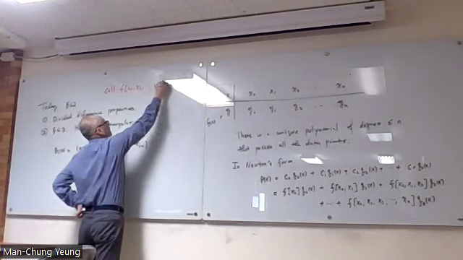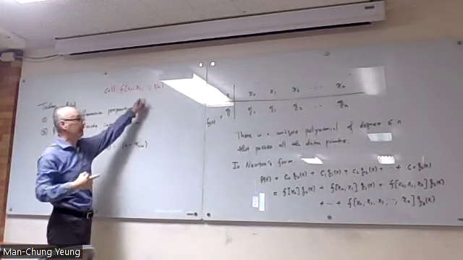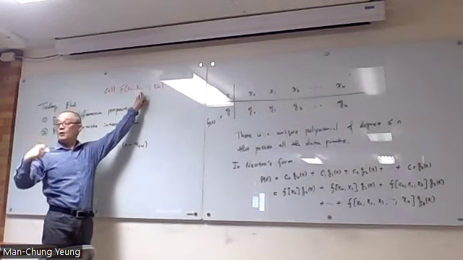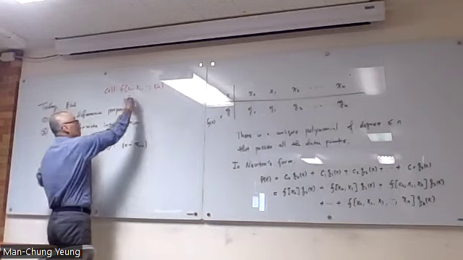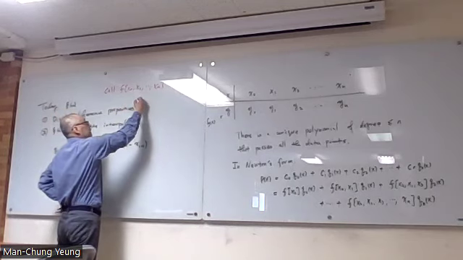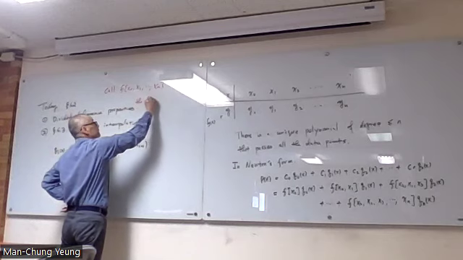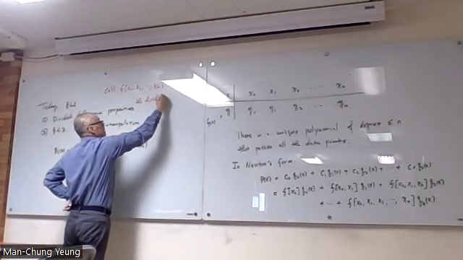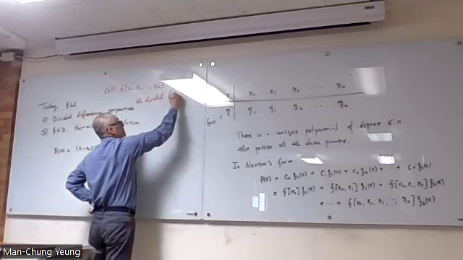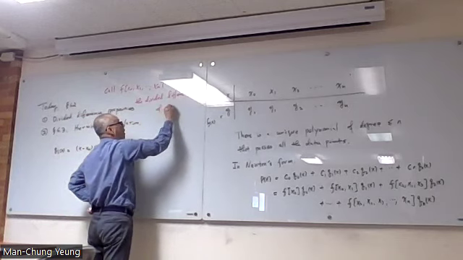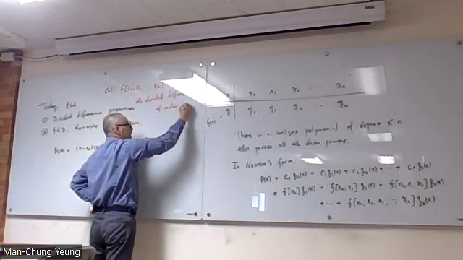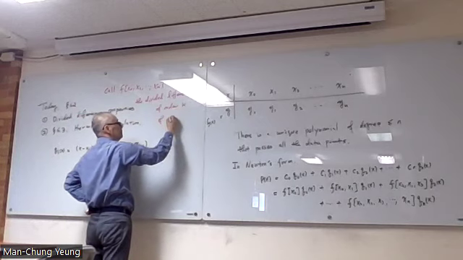Actually, this is the coefficient in Newton's form. Call this the divided difference of order k of function f.